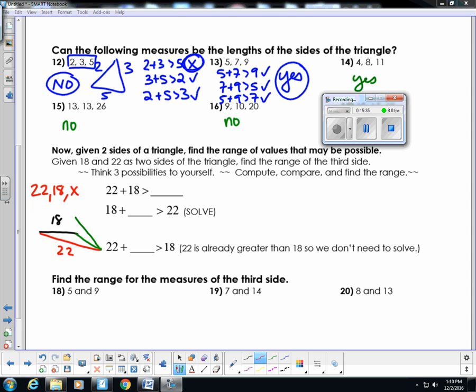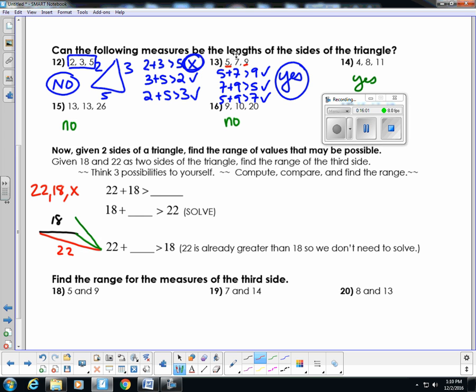I always started with the first two and saw if they were greater than the last number. And then I took the last two numbers and asked if I added them together, were they greater than the first number? And then my last combination is to add the first and the last to see if they're greater than the middle number. And I used that order every single time.